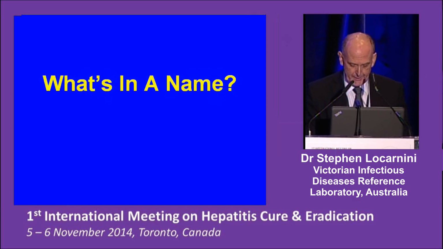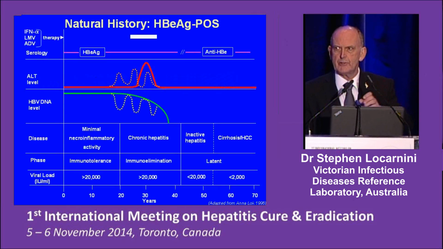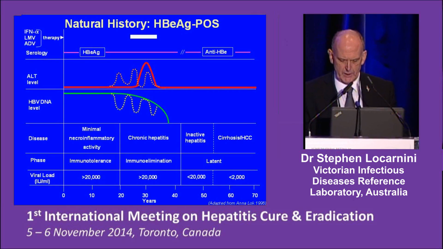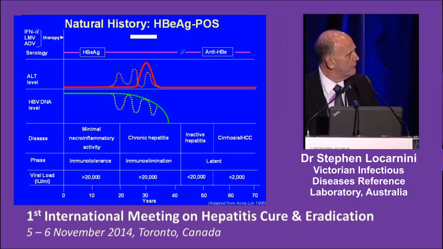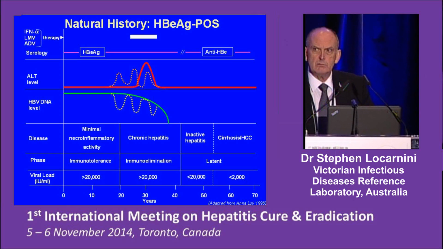So what's in a name? What was in discussion was the natural history, four phases of chronic hepatitis B: immune tolerant, immune elimination, latent, and reactivation.